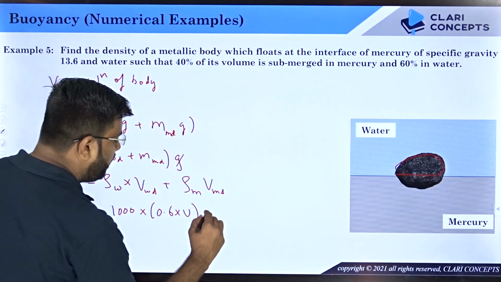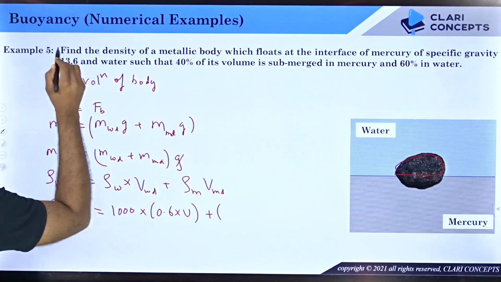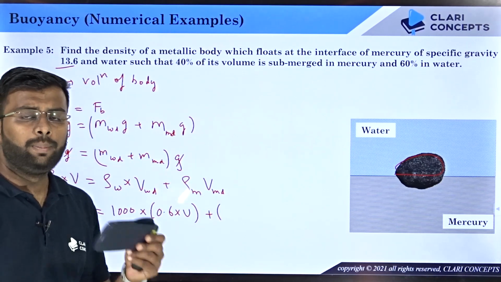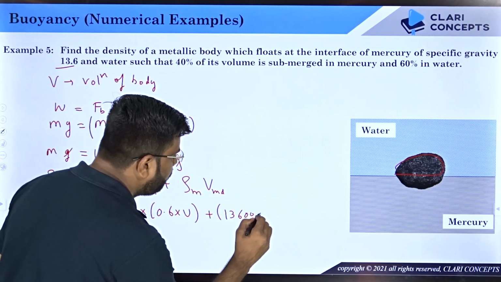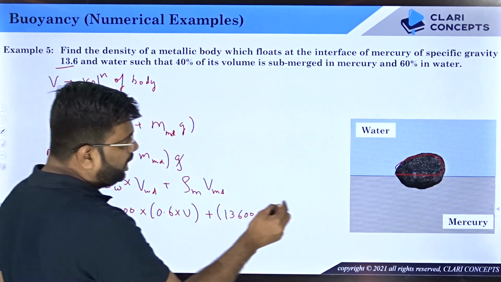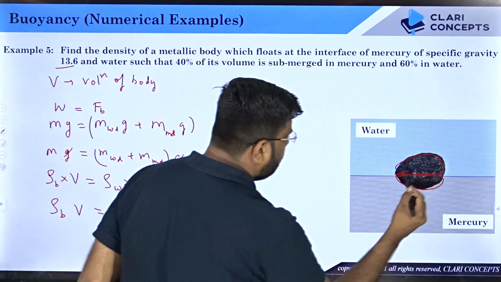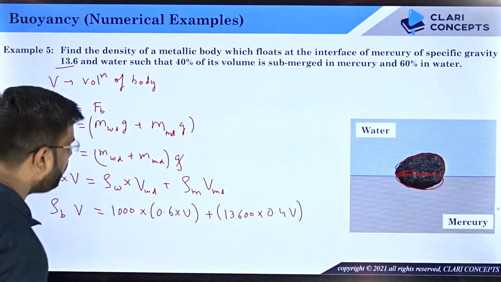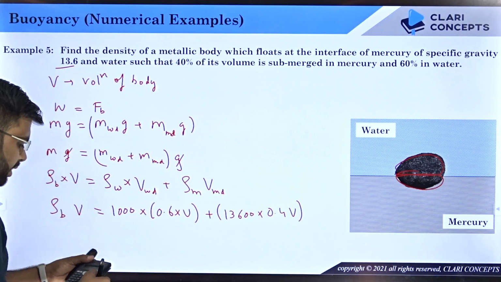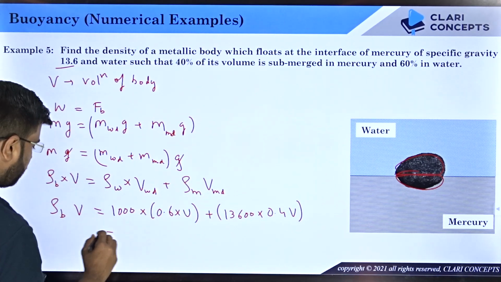Simple. Plus what is the mercury density? See, 13.6 is the specific gravity. So you multiply by 1000 to get density. So this is 13600 into what is the volume of mercury displaced? 40% of total volume. So 40% is 0.4 times V. You see, you take V common and out. So simply if you calculate this, what you will get?